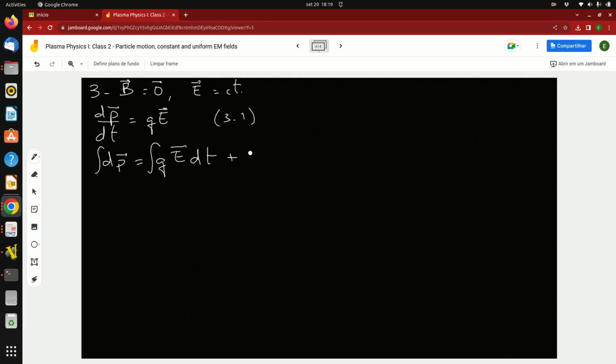Since the equation is on P, the constant we'll call P naught. It's actually a vector of constants. Then the integral of dp will be P. This is constant, this is also constant, so we have QE t plus P naught.